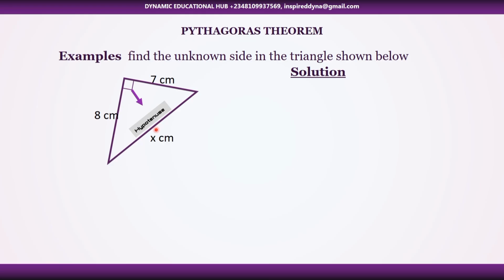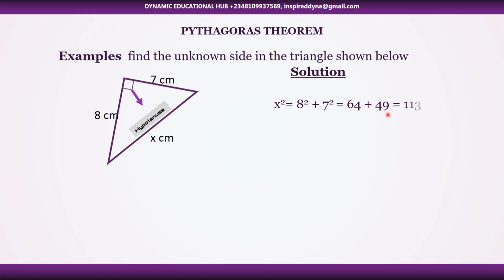And don't forget your Pythagoras theorem. Hypotenuse square is equal to the addition of the squares of the other sides. So we are going to have x square, which is the hypotenuse, equals 8 square plus 7 square. What is 8 square? We have 64. What is 7 square? We have 49. And what is 64 plus 49?